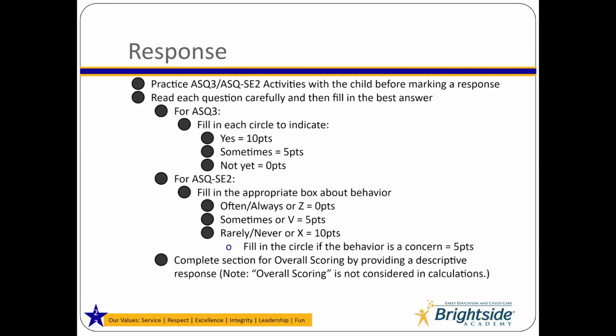If you've answered sometimes, you've seen that child perform that skill some of the time. If you've indicated not yet, that child has not yet performed that skill. On the ASQ3 screening, yes equals 10 points, sometimes equals 5 points, not yet equals 0.